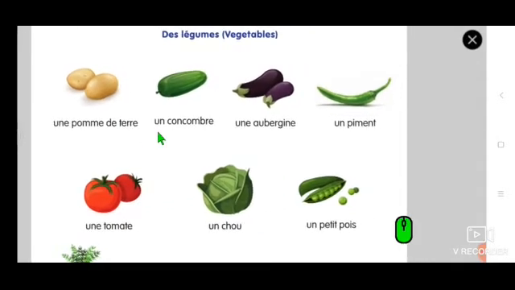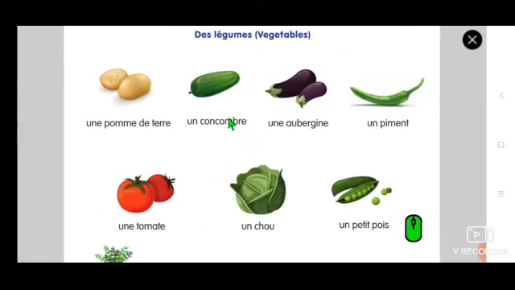Un concombre. Une aubergine. Un piment. Une tomate.